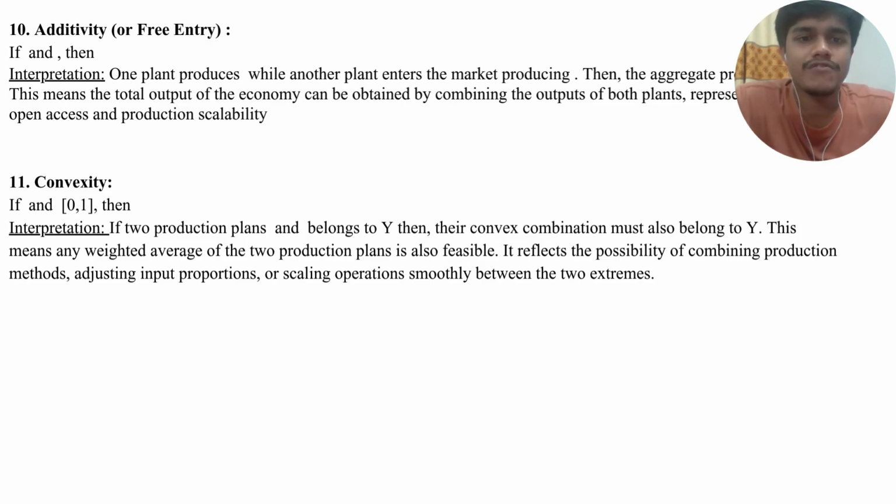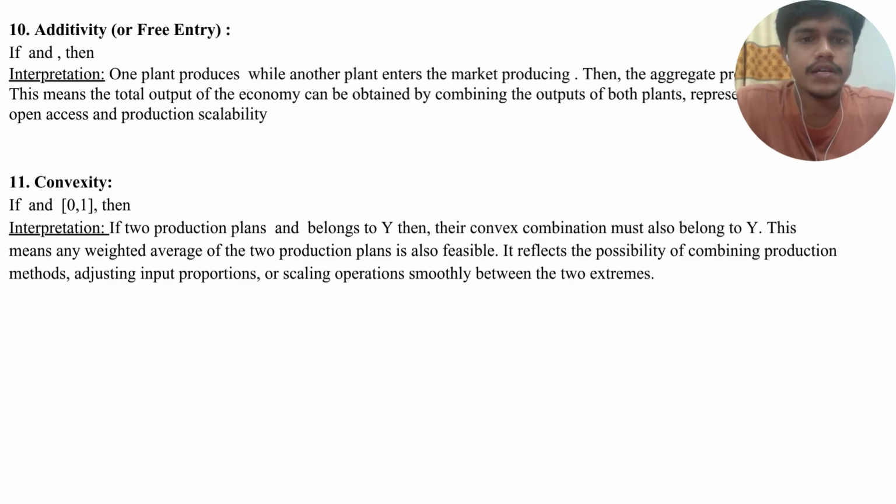Now we have convexity. Let's start with what convexity means for a production set. Convexity means that if a firm has two feasible production plans, any mix or weighted average of these plans is also feasible.